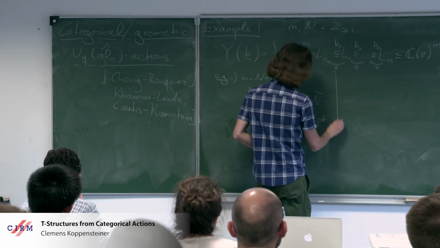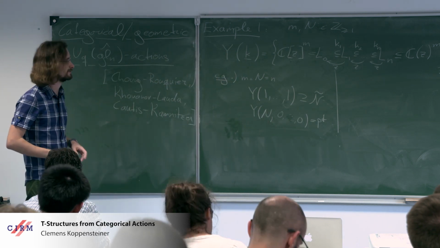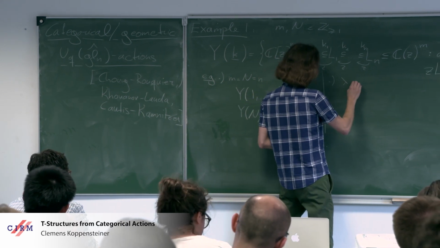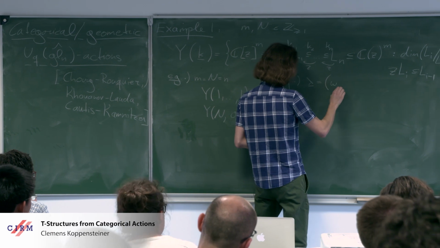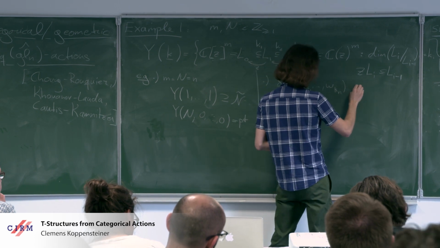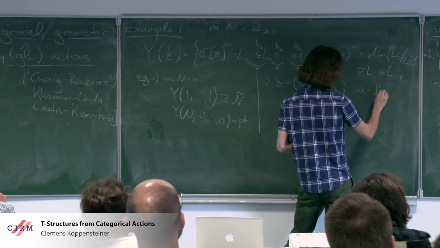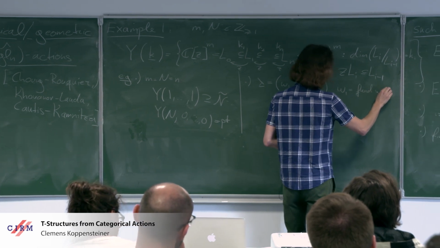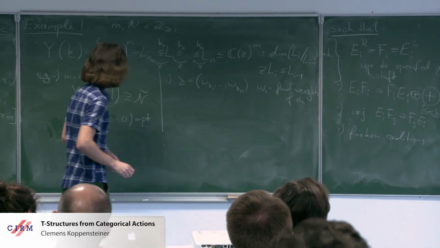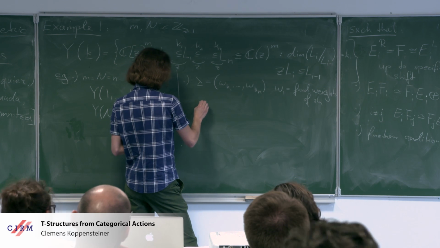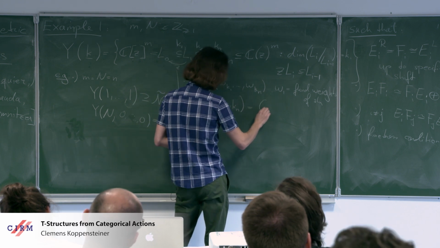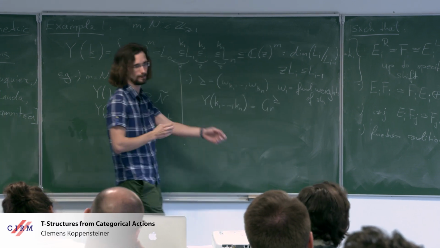Let me write this over here. More generally, to tie back into the examples I gave at the beginning, if I write lambda equal to omega k1 up to omega kn, where the omega i are the fundamental weights of SLN, then one can check that y k1 up to kn is the same as that convolution variety I had at the beginning.